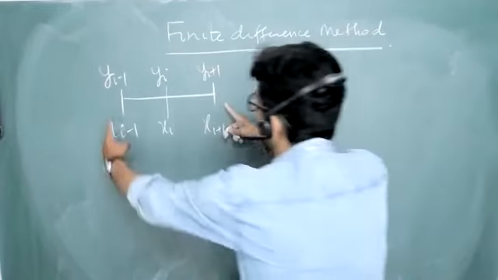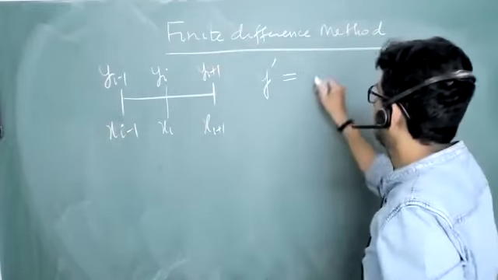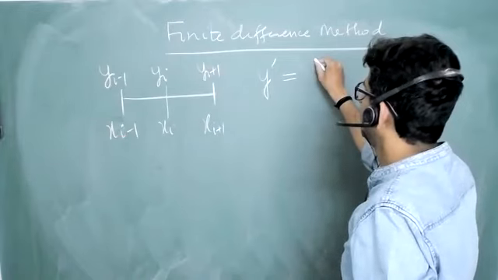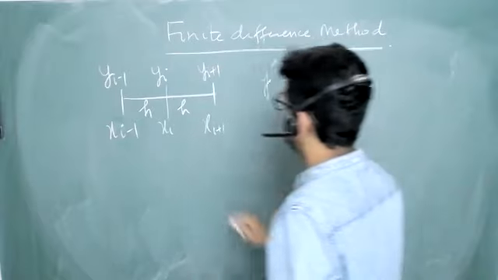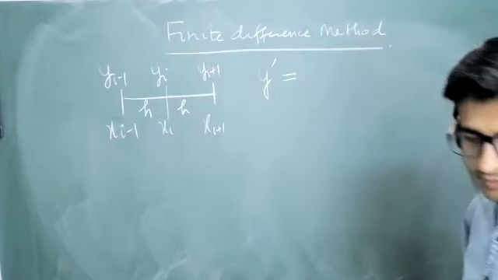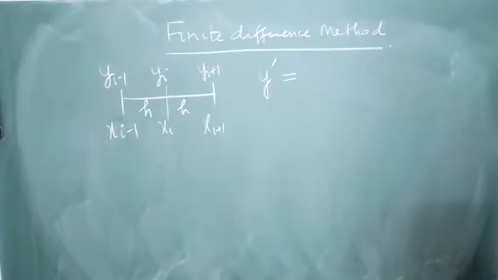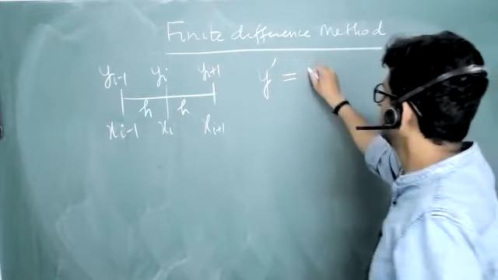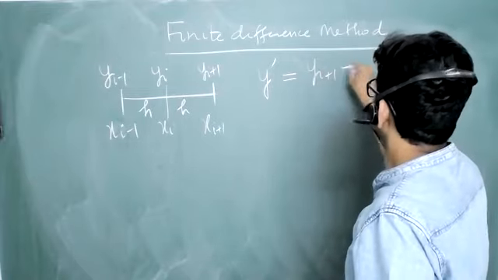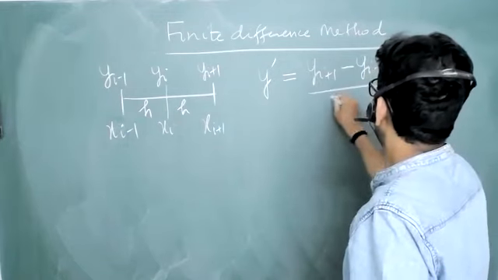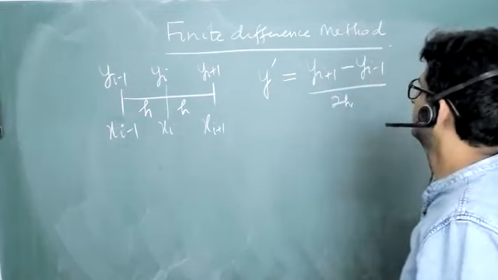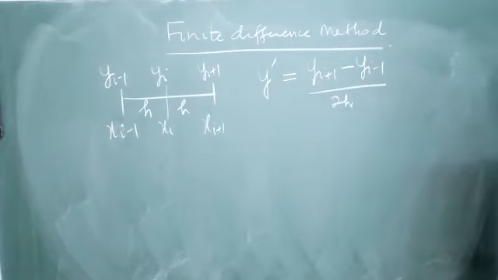So suppose I write it between this. बताओ भाई क्या आएगा? If h is the step size, what I am going to get is yi plus 1 minus yi minus 1 over 2h. Correct? Yes, sir.